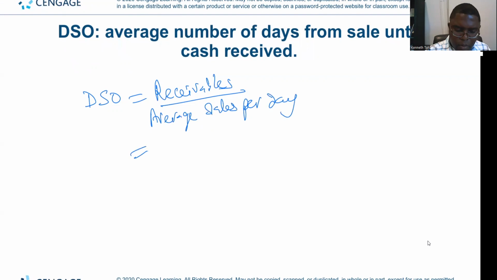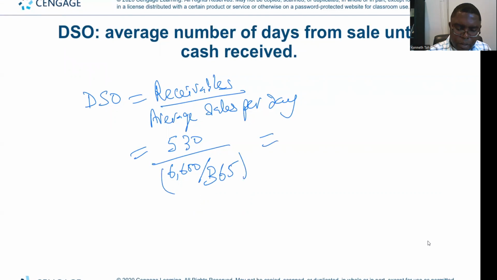And this is going to be equivalent to 530. We can find receivables on the asset side of the balance sheet. And the sales is given as 6,600, which we divide by the number of days in a year, which is 365. So the days sales outstanding is going to be 29.3.